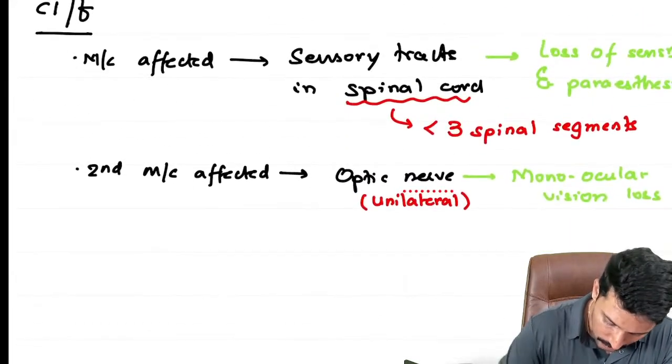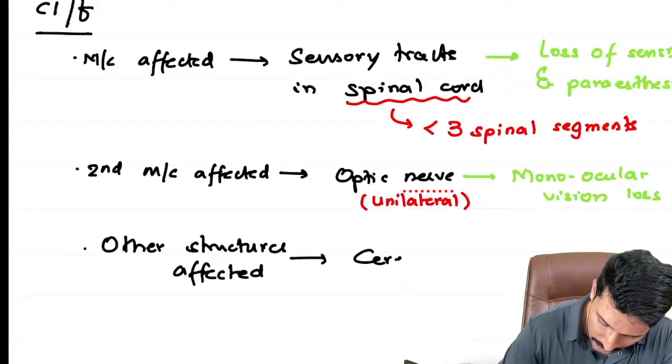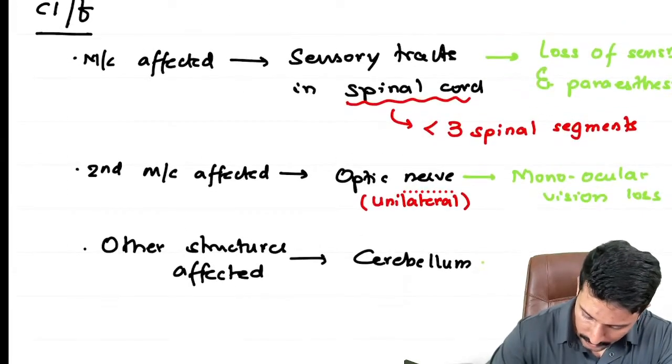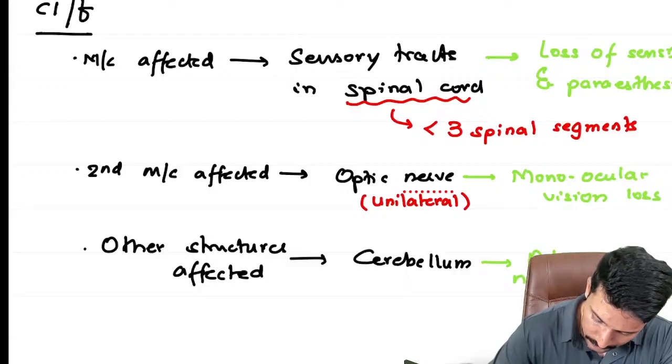There are other structures that can get affected. So what are the other structures affected? You can have involvement of the cerebellum. The cerebellum can get demyelinated, and when the cerebellum gets demyelinated, what symptoms do we expect? We can get ataxia, nystagmus, and action tremor or intention tremor.